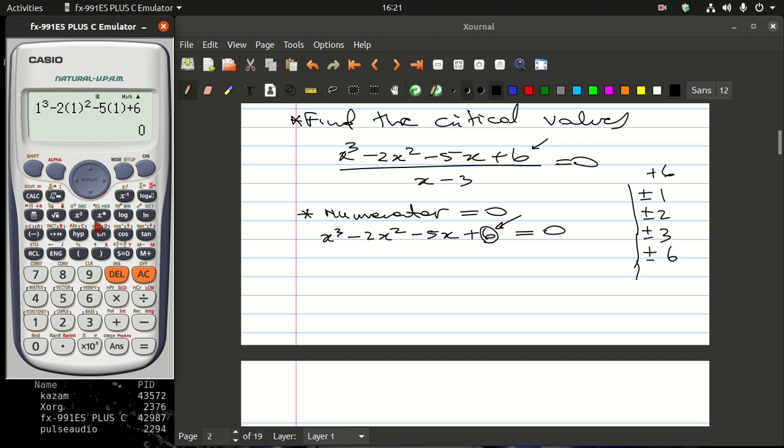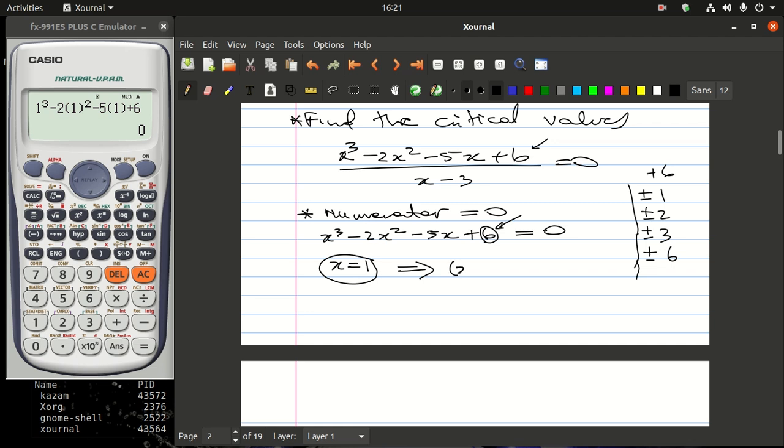So x equal to 1 is one of the solutions of this particular equation, which means that x minus 1, taking this 1 to the other side, is one of the factors if we want to factorize that.